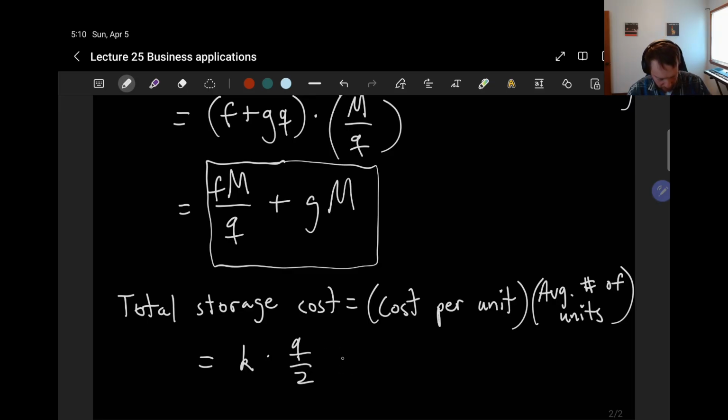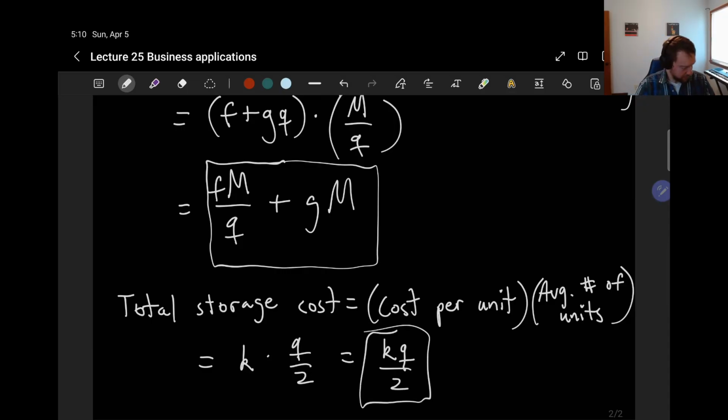Or we could put that all together. Doesn't matter too much. There, so that's going to be our storage cost. That's a bit of an approximation, but we have to do that. And here's manufacturing.